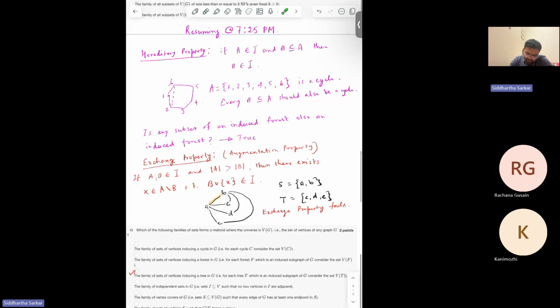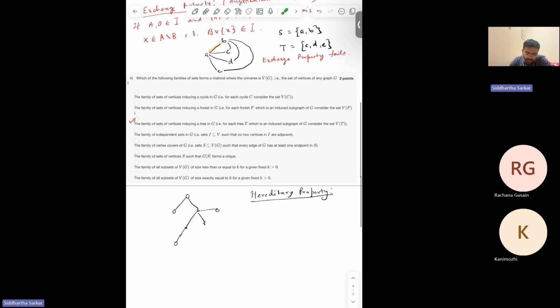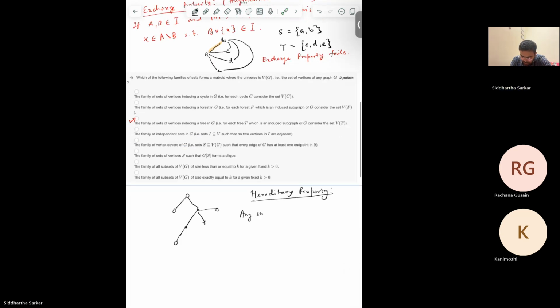That's what it says. That if A is in I and B is a subset of A, then B should also be in I. So I is, in this case, the treeness property. So any subset should also be a tree. This is violated.